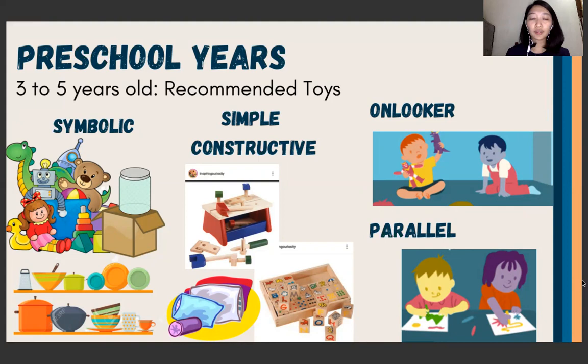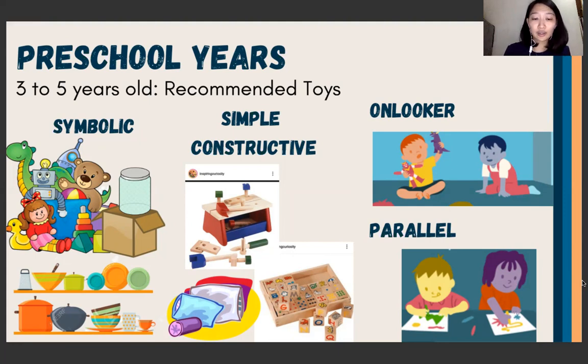We can also use common household items such as the kitchen utensils, excluding the sharp ones of course. We can use pots and pans, bowls and plates that they can turn into hats, shields, wands, or whatever their imagination could think of. For the simple constructive play, we may use carpentry tools, blocks, or even pillows and blankets to build castles, tents, or houses.